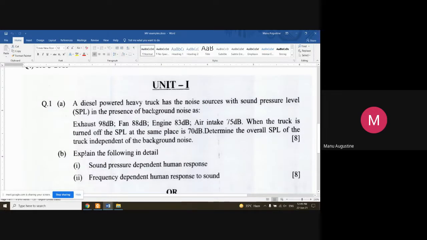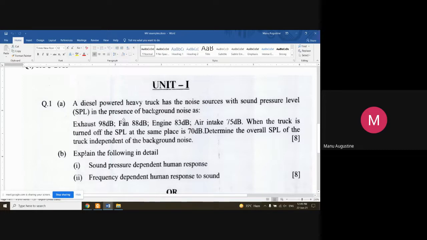So it is saying that the exhaust is making 98 decibels of sound pressure level in the presence of background noise. Background noise means, again, we are talking about the ambient noise. Okay. So that means 98 decibel is not the pure pressure level of exhaust only.